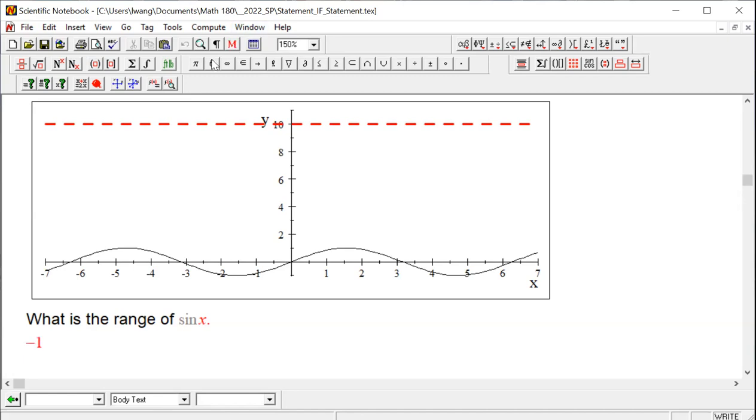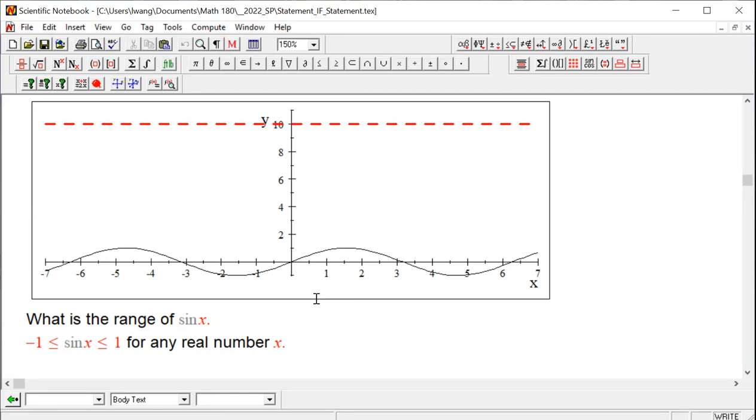Well, for any input x, the output of sine will never be less than -1 or larger than +1, for any real number x.